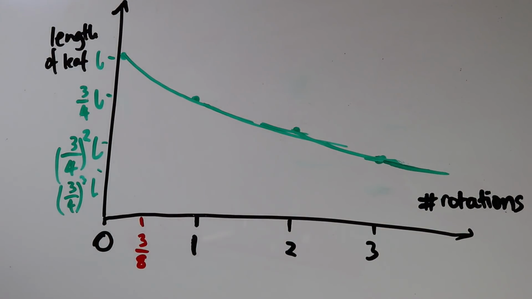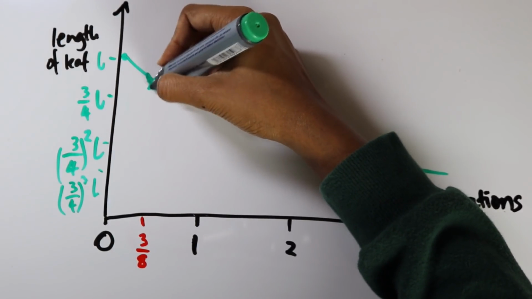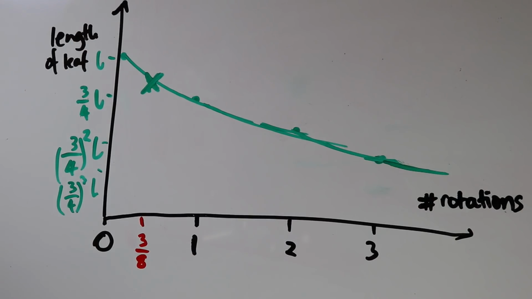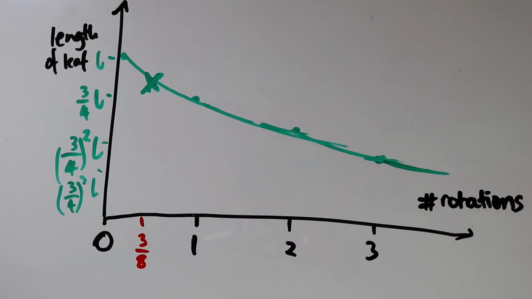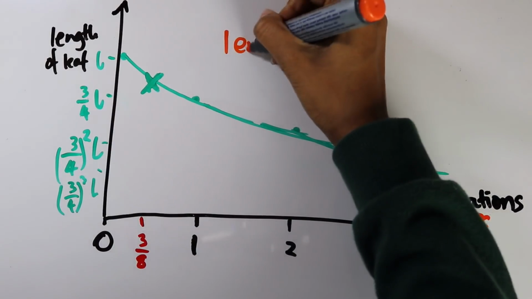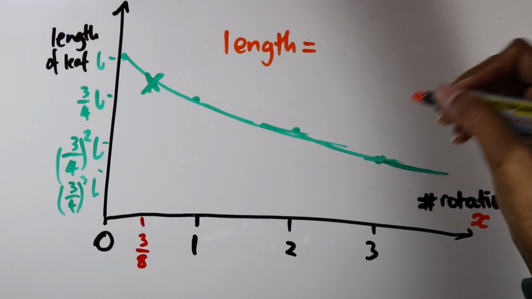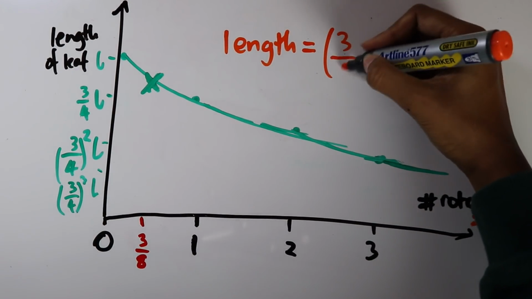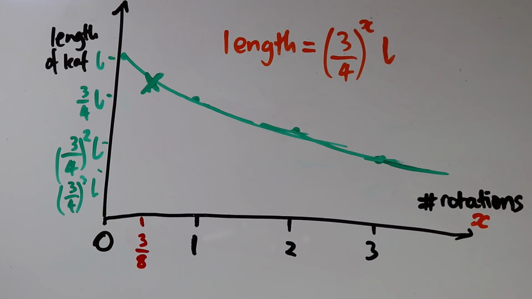Our next leaf is 3/8 of a rotation. So we need to figure out what is this length. There's a nice way to do it. All we need to do is figure out what is the function for this thing. If we call the number of rotations x, then the length of a leaf that has gone around x rotations is (3/4)^x times L. All we have to do is put in 3/8.